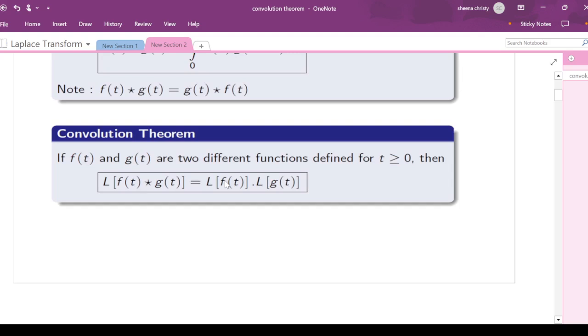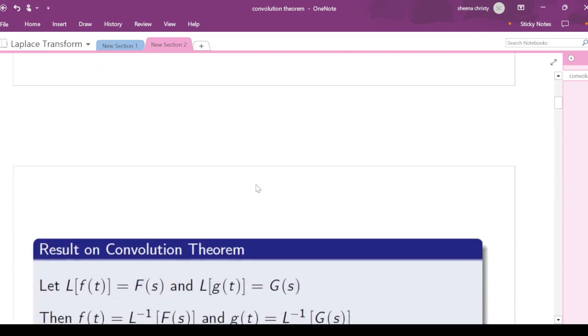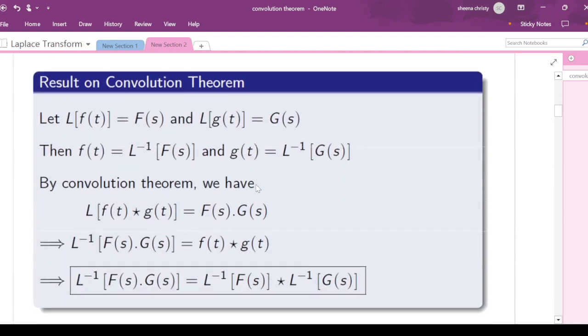Now, the convolution theorem statement. If f(t) and g(t) are two different functions defined for t positive, then the Laplace transform of f(t) star g(t) is equal to L of f(t) times L of g(t). Here, by making use of the inverse Laplace transform: the Laplace transform of f(t) star g(t) is equal to F(s) times G(s).